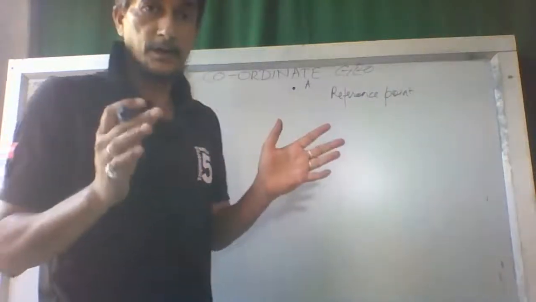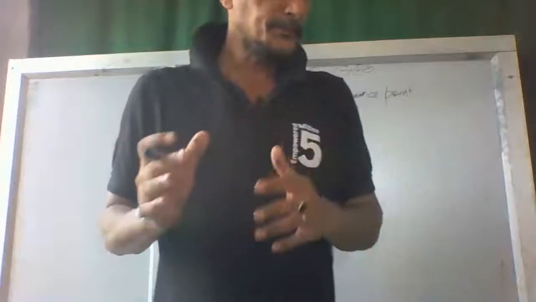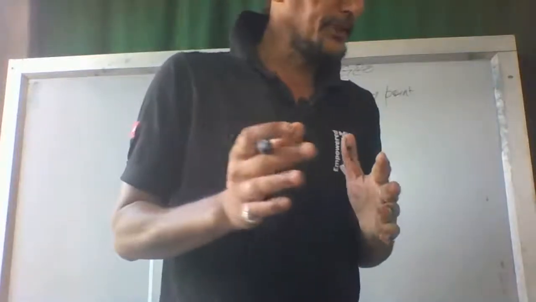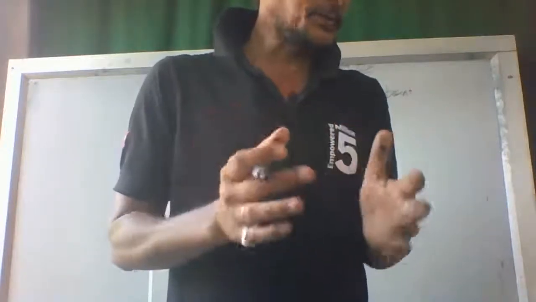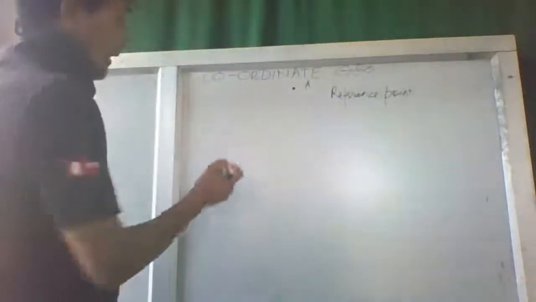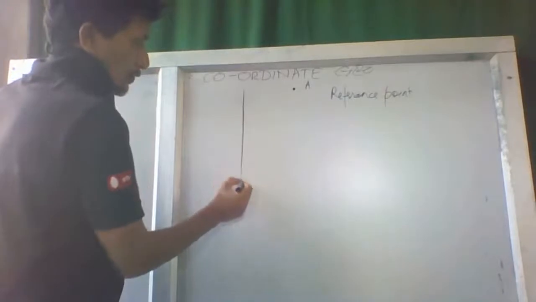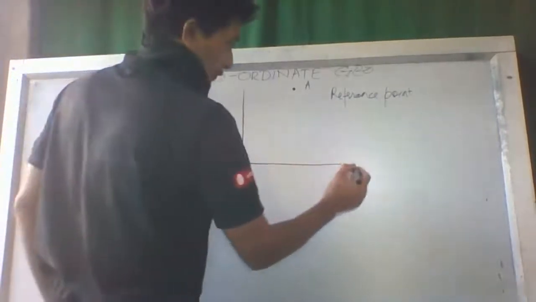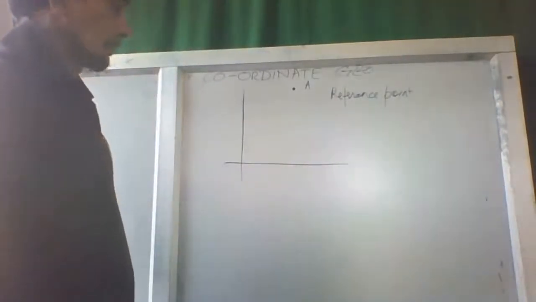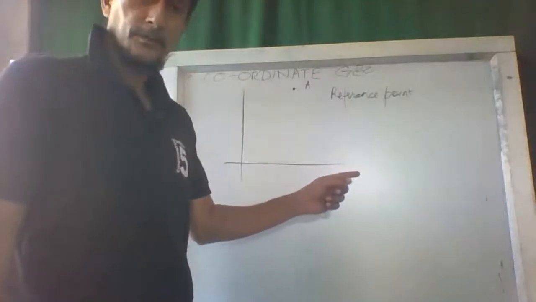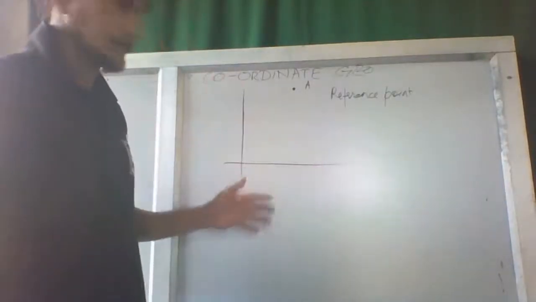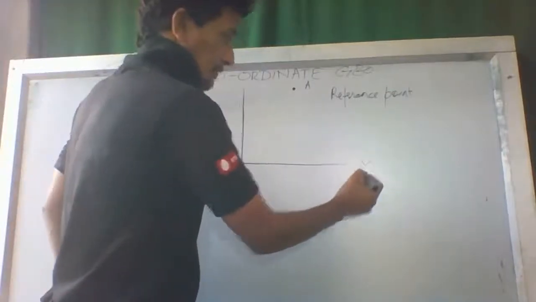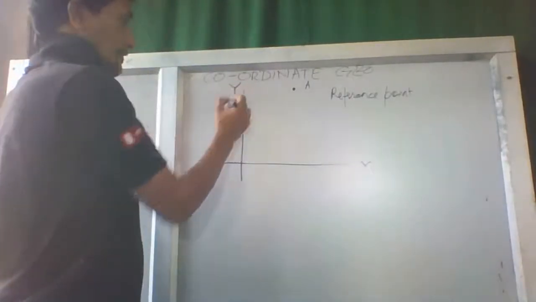If this is a reference point, then the combination of number scales at right angles to each other with the zero point means we draw two perpendicular lines, or two coordinates. I have already told you about this. This is the x coordinate and this is the y coordinate.